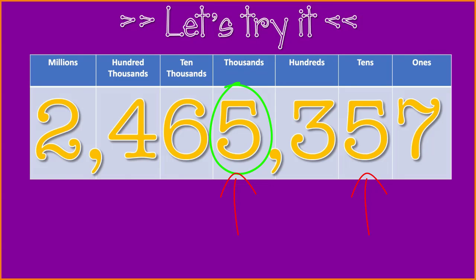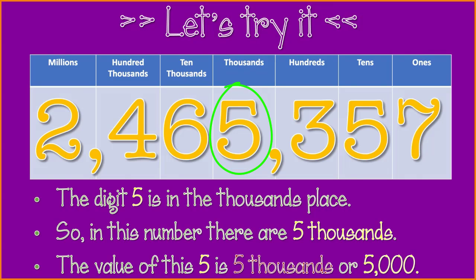There are 2 5s. But we're looking at this 5 for right now. What value does this 5 have? The digit 5 is in the thousands place value. So in this number, there are 5 thousands.